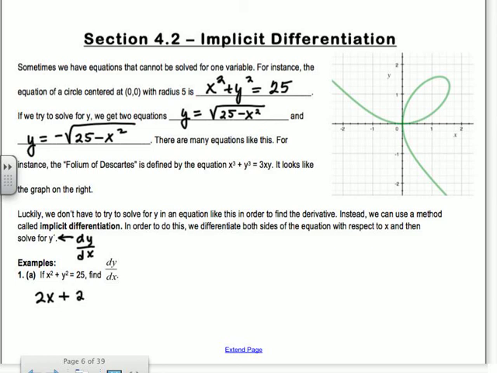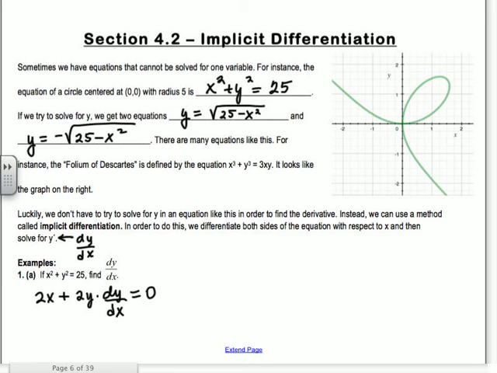All right, plus 2y times dy over dx, because we don't know how to solve for y, so we have to write the dy over dx, like we just did in that last example. Equals the derivative of 25, which is 0.